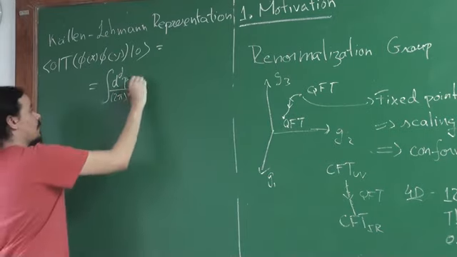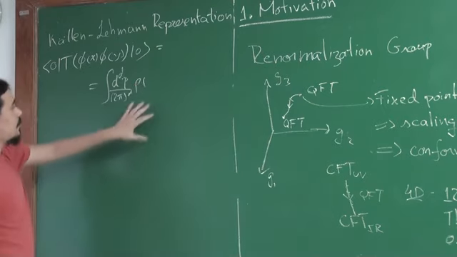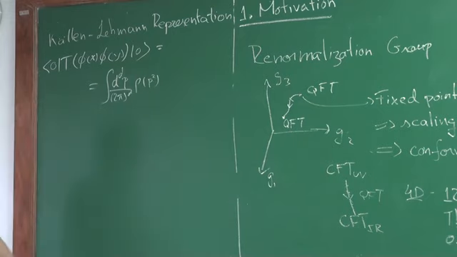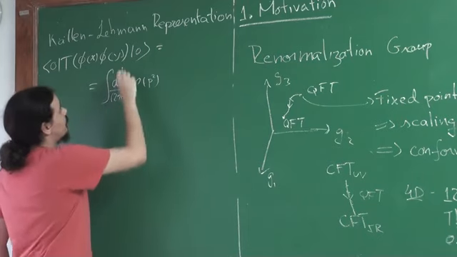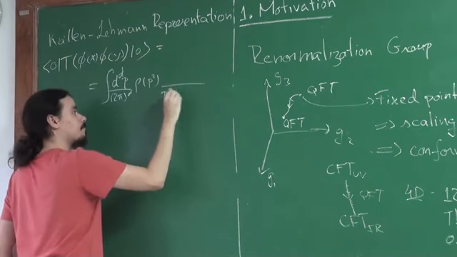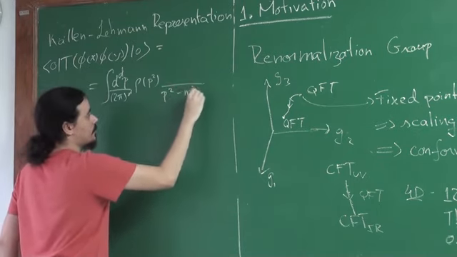And you have what we call a spectral density function that depends on p squared, which is an invariant.